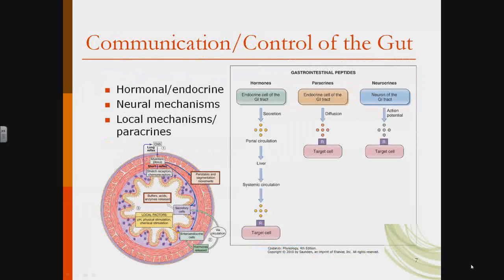Now, how can we relay what's happening in the gut to other places of the body, even to other areas of the gut, and even to the brain and spinal cord? Well, it comes down to local factors, neural mechanisms, and hormonal. And I told you at the beginning of the semester, we're going to see this theme often.